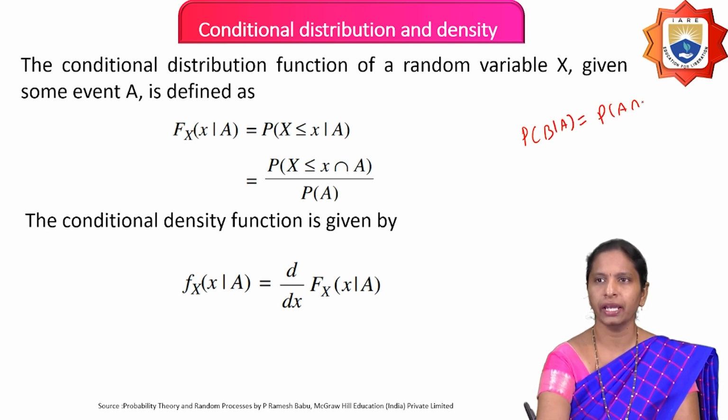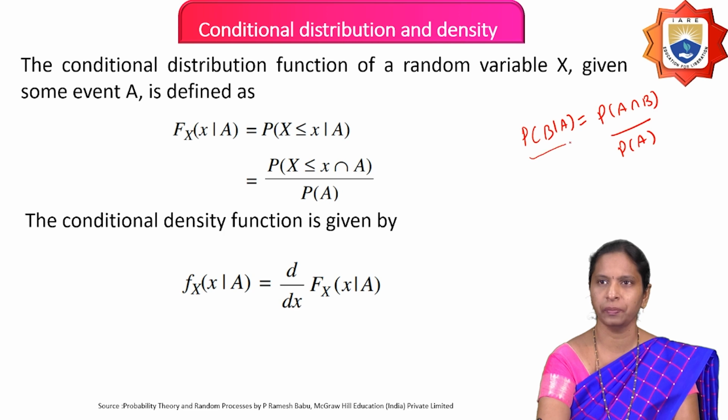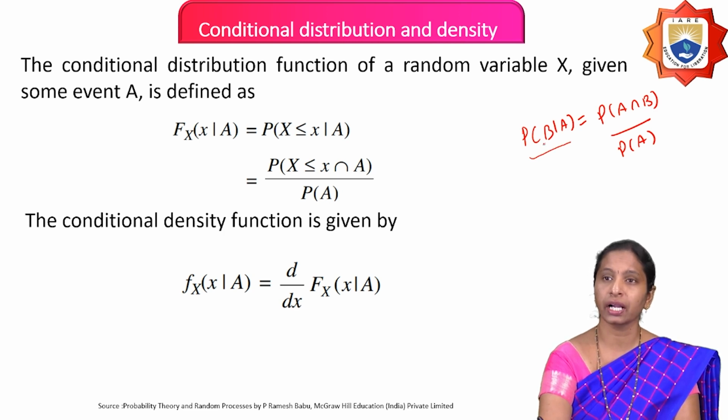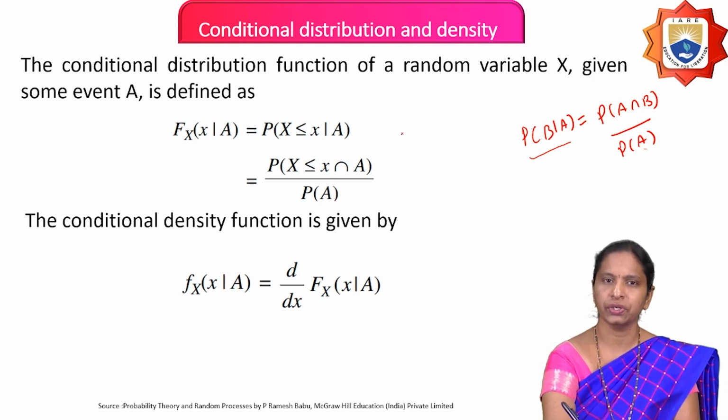P of B given A equals P of A intersection B divided by P of A. This is called the conditional probability, and the conditioning event here is A. That is nothing but the probability of the joint event A and B to the probability of the conditioning event A. And in a similar manner, we can apply this for the distribution function also.